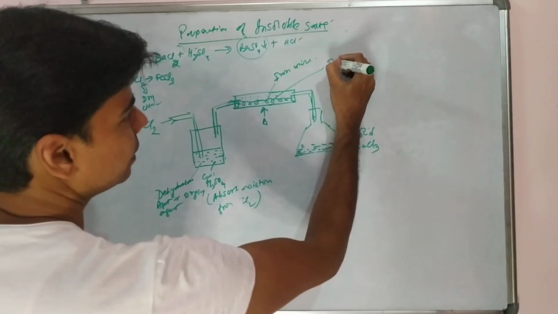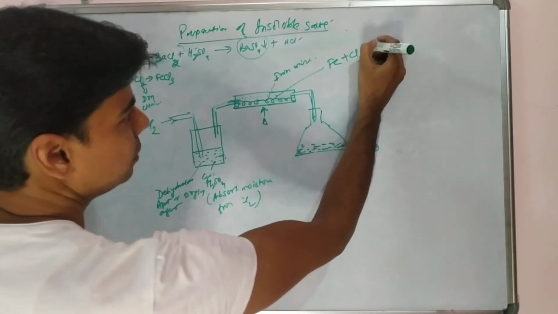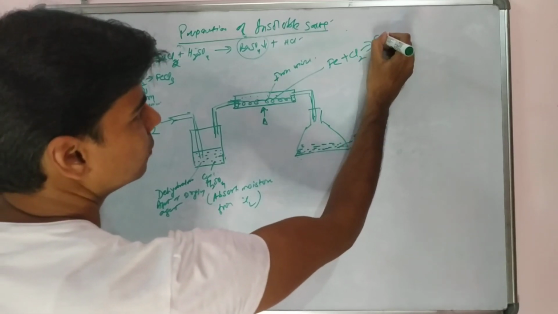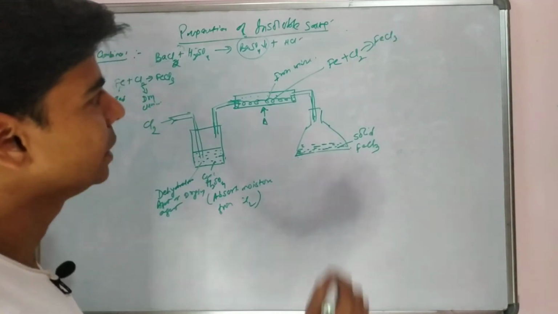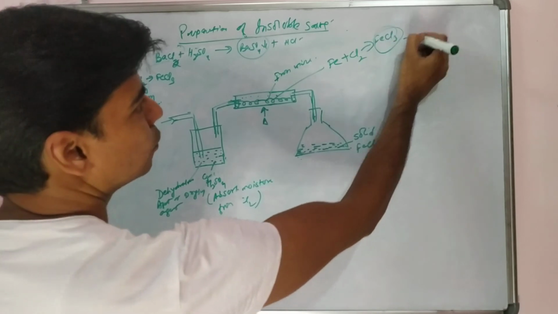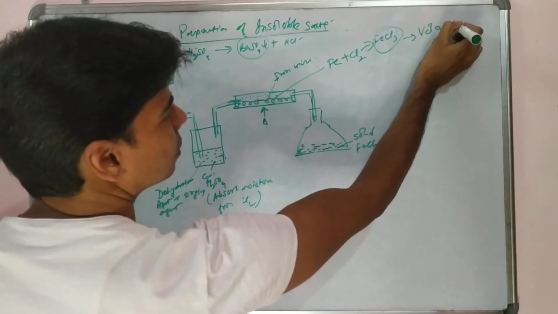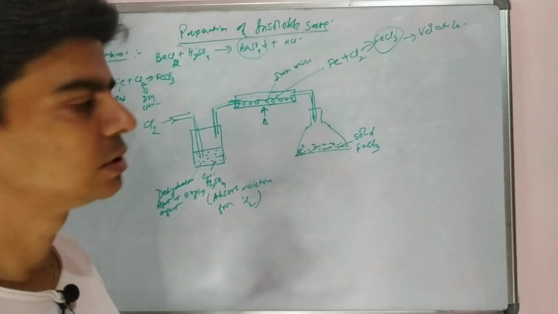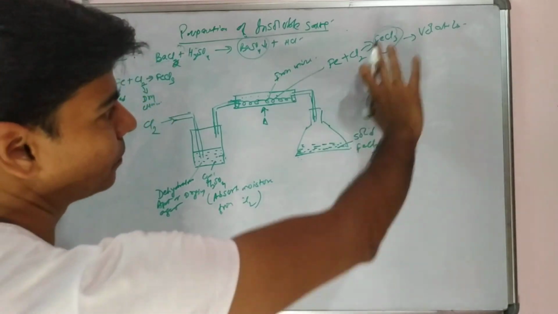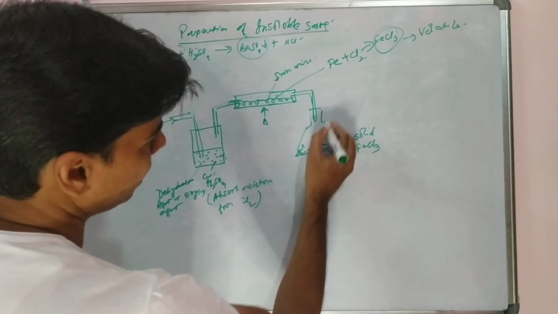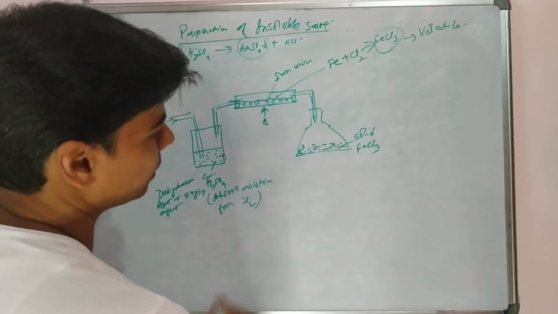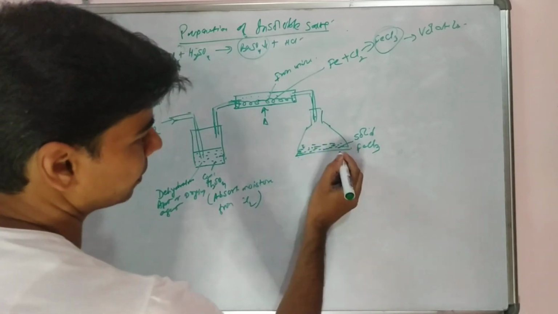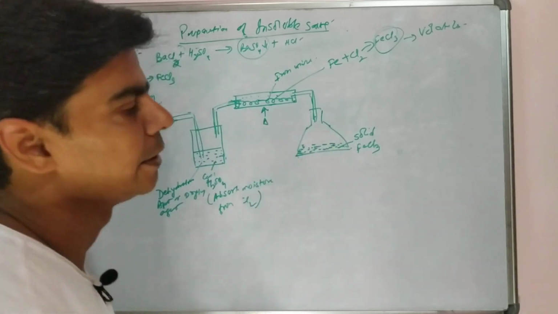And heated iron reacts with dry chlorine to give you ferric chloride. This ferric chloride will volatilize out. That means it's volatile, and it will come into this container here, and it will solidify here.